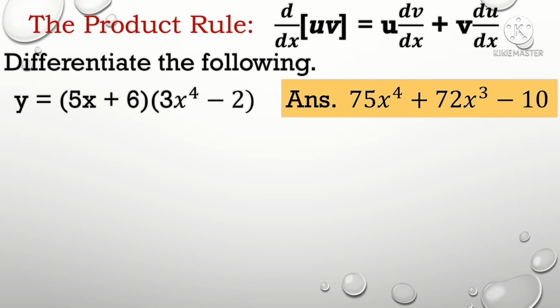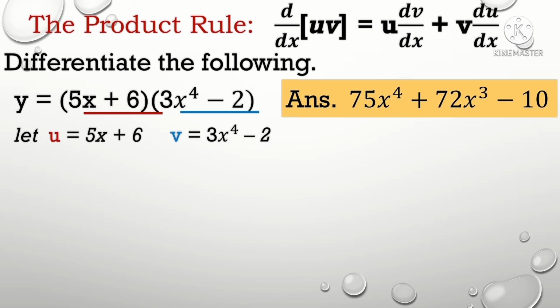So sabi ko nga kanina, let's first identify which is your u and which is your v. So in this case, let u be your first function, which is 5x plus 6. And then your v is your second function, which is 3x raised to 4 minus 2. And then dun sa formula, kung titingnan nyo po, you're going to use also the derivative of the first and second functions, which is your u and the v.